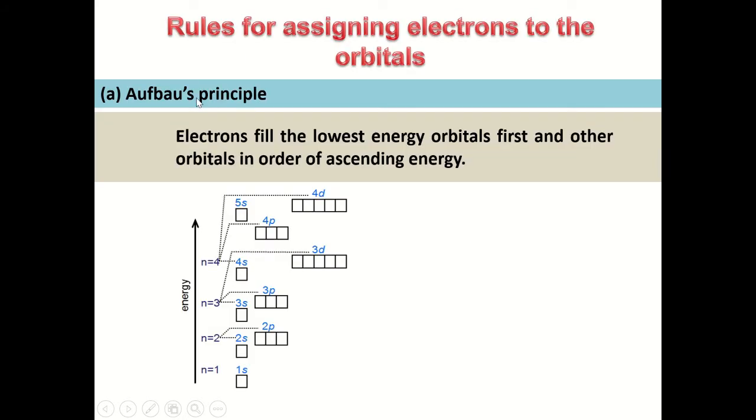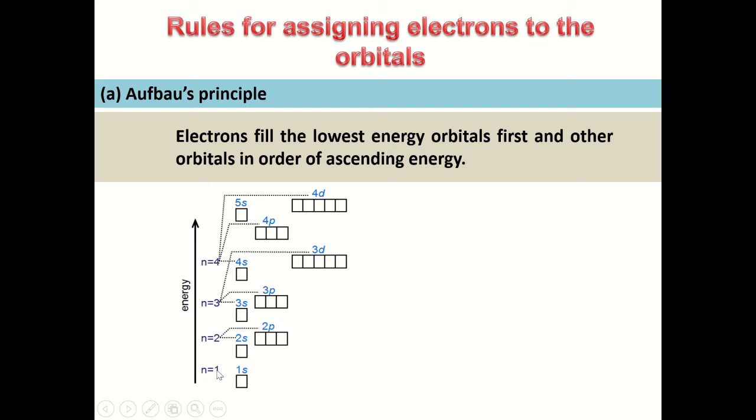So what's meant by the Aufbau principle? Electrons will fill the lowest energy orbital first and the other orbitals in the order of ascending energy. So this is the energy level diagram, starting from principal quantum number n equal to 1 up till n equal to 4. Actually there are more principal quantum numbers, but in this diagram it's just up to n equal to 4.